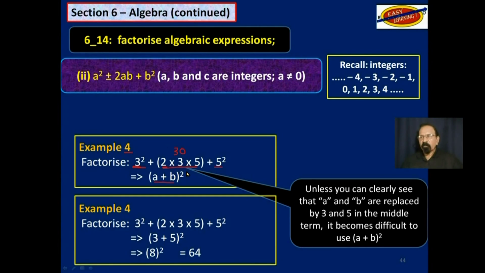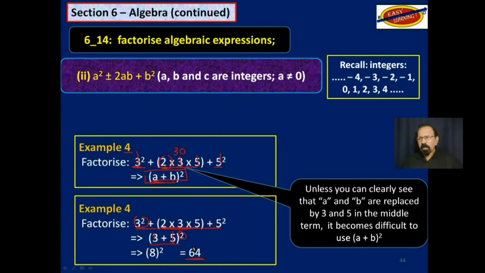Now we will take it to the format a plus b squared, because you really have, if that is a, and this is a, and that is b, and that is b, you have a 2 here. So that is really a squared plus 2ab plus b squared. So this whole thing becomes 3 plus 5 squared, that is a plus b squared. And if you work that out, you get 64.